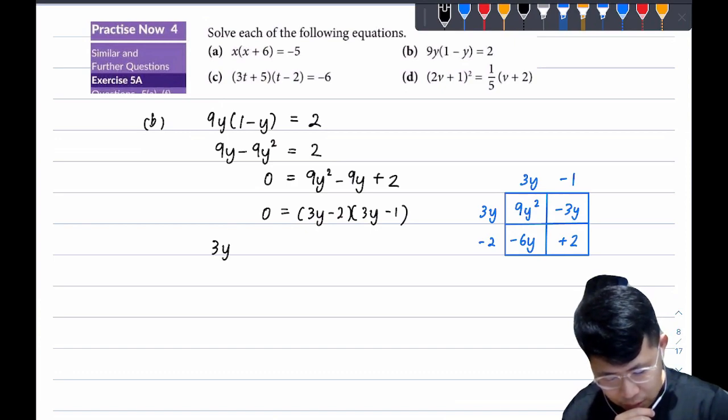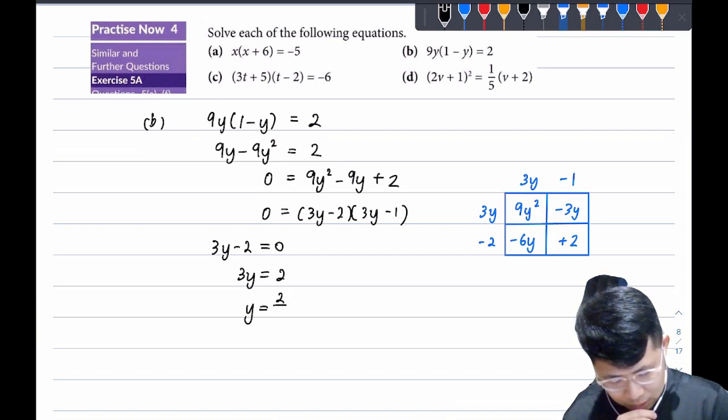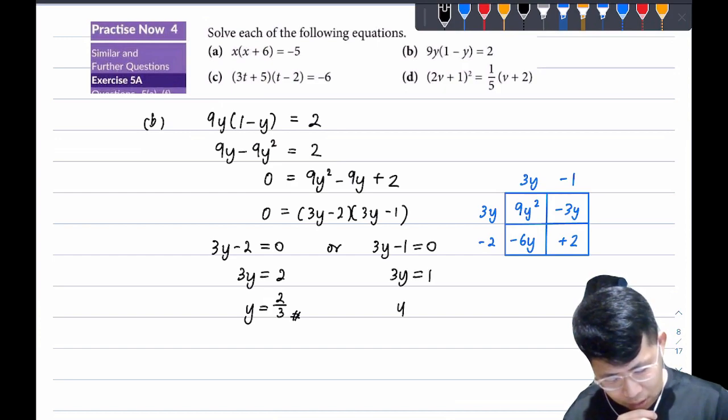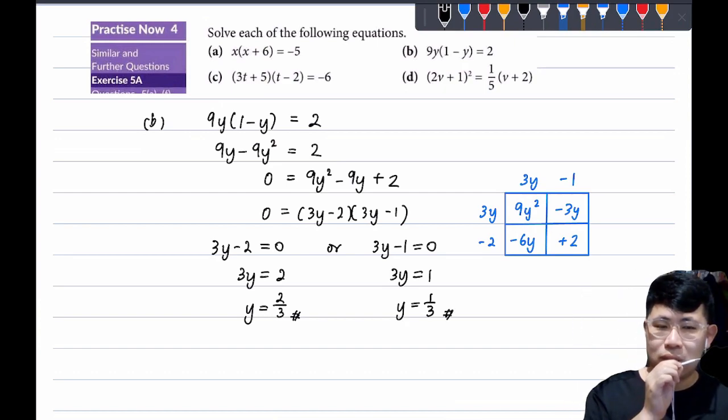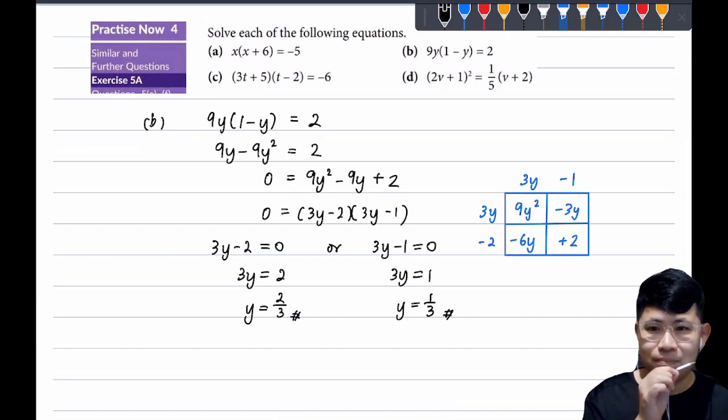Over here, 3y minus 2 equals 0, so 3y equals 2, and y equals 2/3. The second answer comes from 3y minus 1 equals 0, so 3y equals 1, and y equals 1/3. This is our second solution. So we solve it like this.